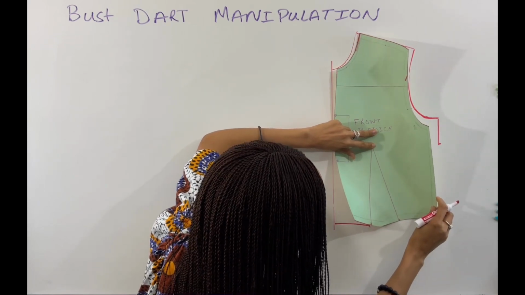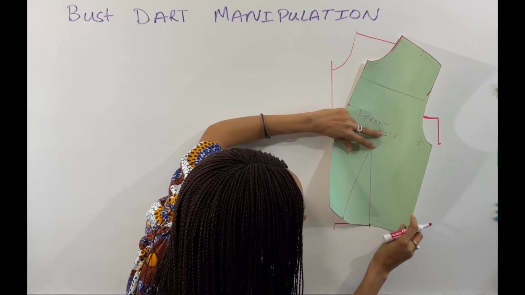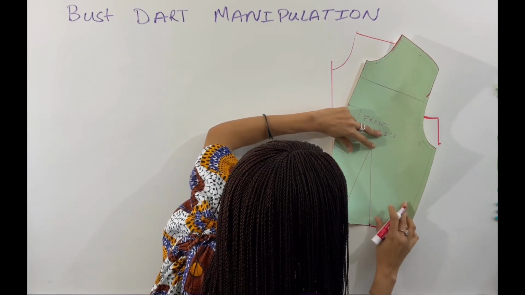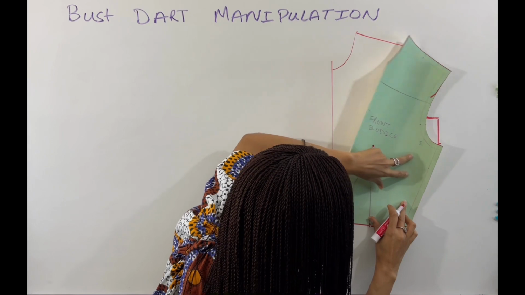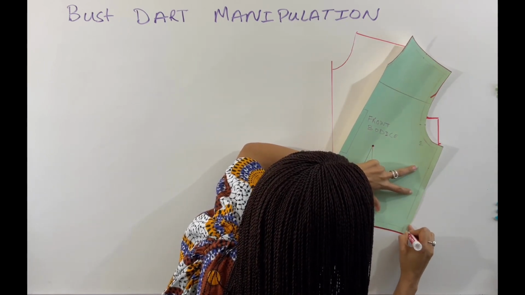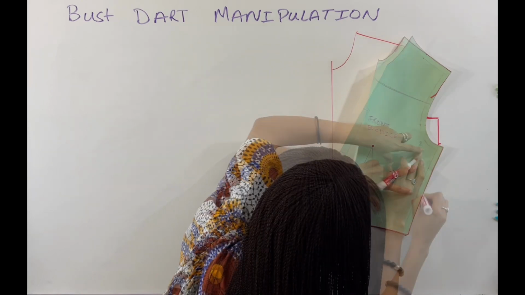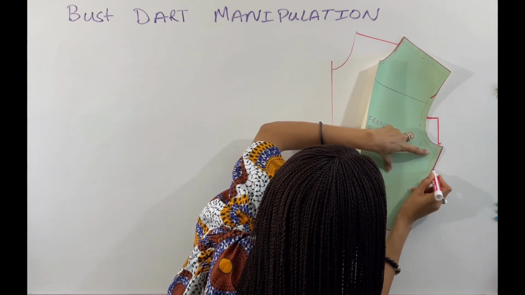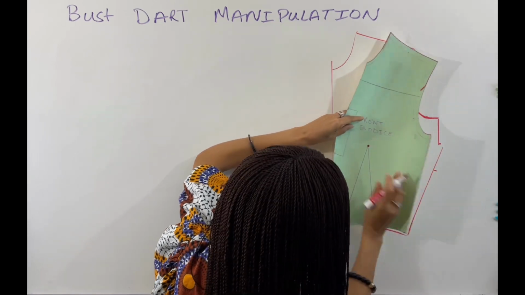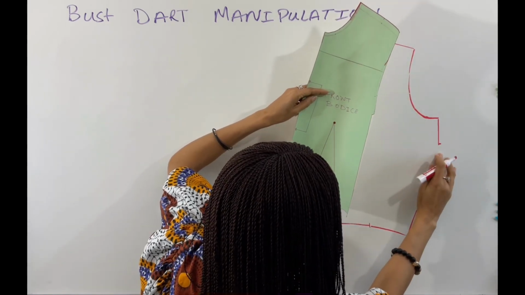So you would pivot to close this dart. Make sure you line up right here. And once you do that, you're going to trace right here, but you're going to stop right at that mark. So you need to stop right at that mark there that you had for the other piece.